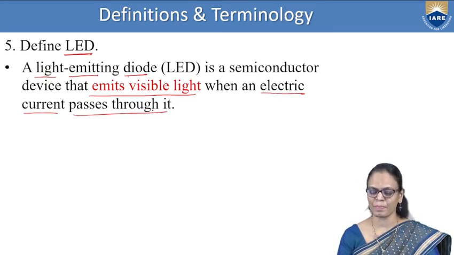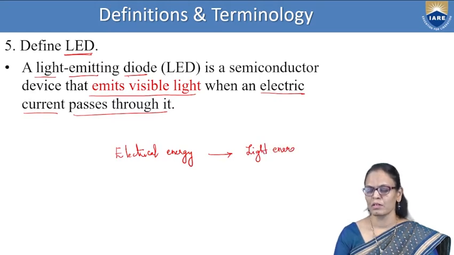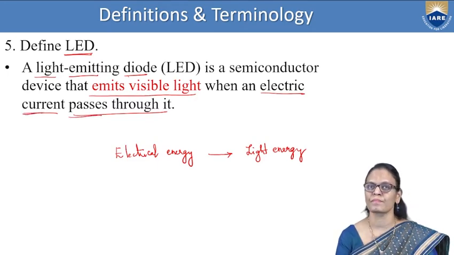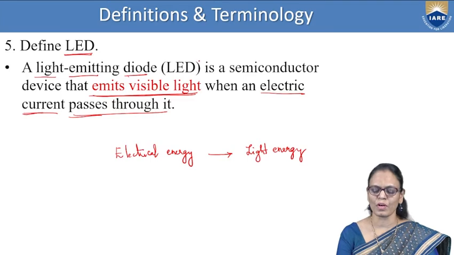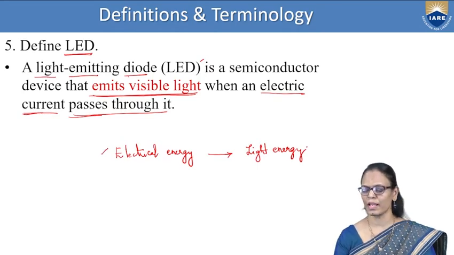So I can say the principle here is conversion of electrical energy into light energy. What is the phenomenon we are seeing here? When current passes through it, it emits light, visible light, meaning light is emitted in the visible region of the spectrum. That is what we call an LED. If you are asked to write the principle on which it works, it is the conversion of electrical energy to light energy.